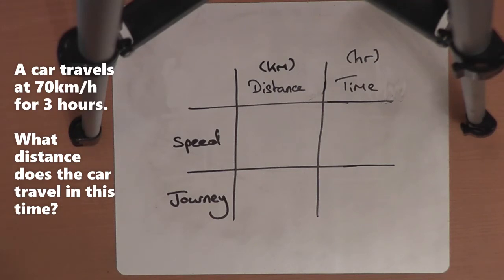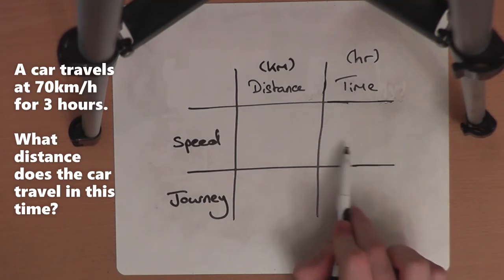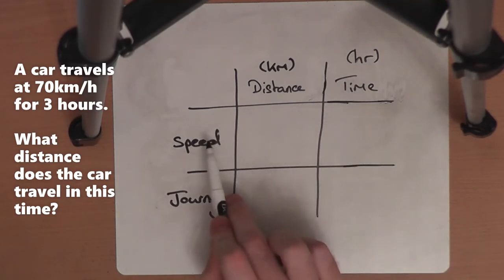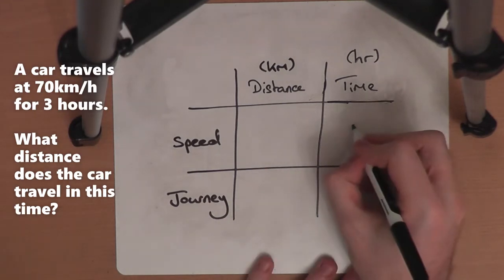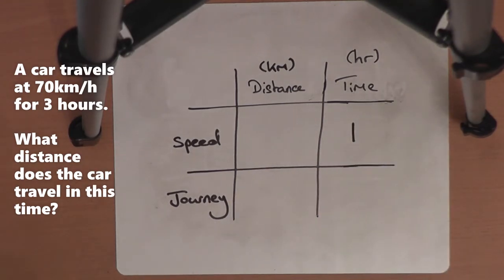Whenever we are looking at a speed, we are always going to be working with 1 unit of time. 1 hour, 1 second, 1 whatever we happen to be looking at. So that means that this box here, the time information for the speed, because speed is the distance that you go in 1 unit of time, this box here can always contain a number 1.